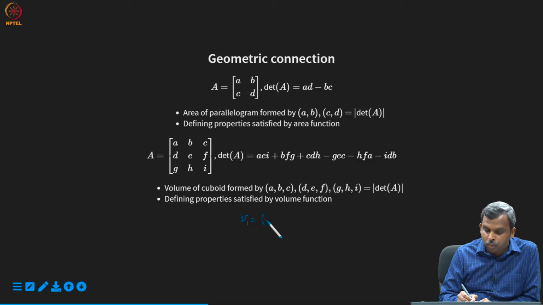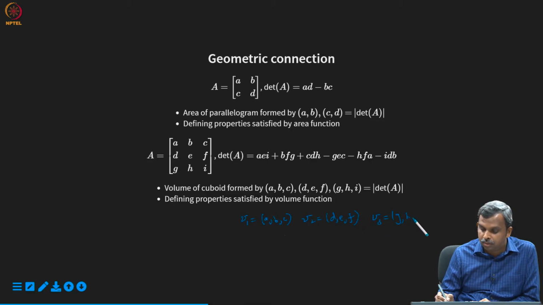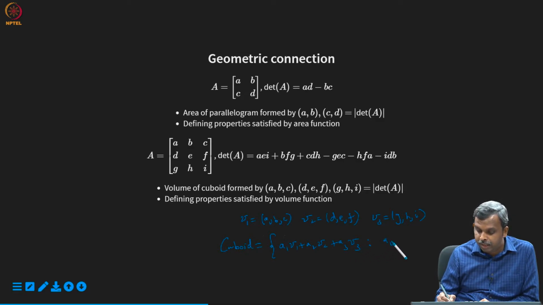So let's say I make V1 as A, B, C, V2 as D, E, F, and V3 as G, H, I. So the cuboid is the set of all A1 V1 plus A2 V2 plus A3 V3, where each Ai is between 0 and 1.